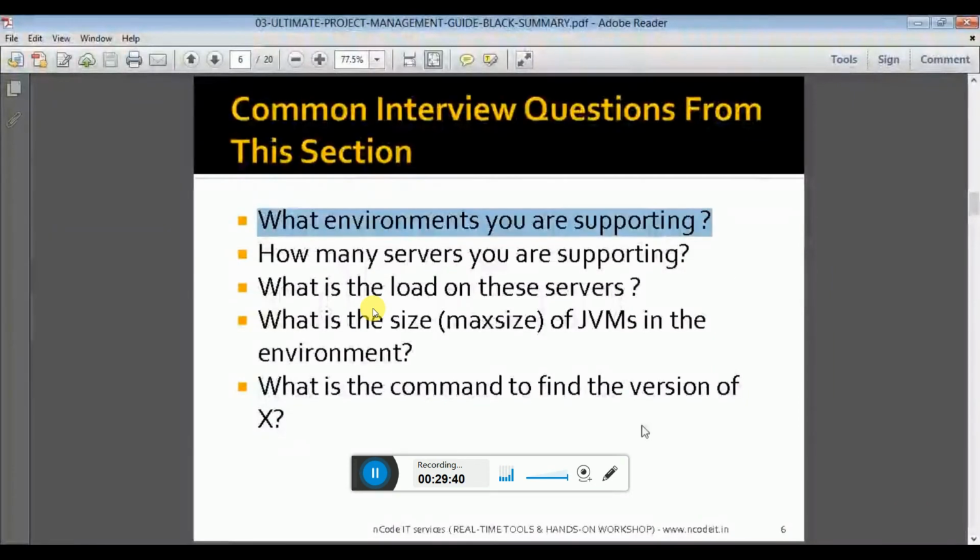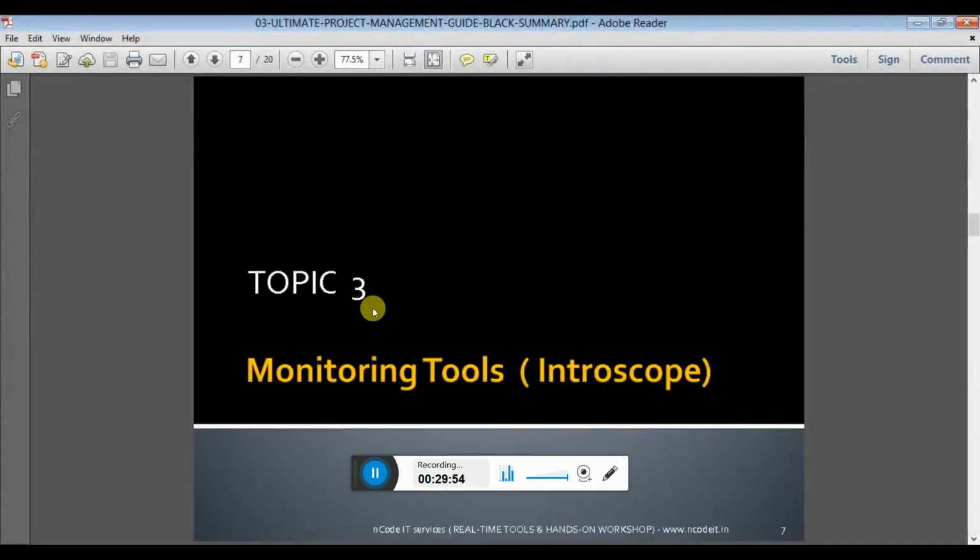The environments you are supporting are QA, UAT, LT, pre-prod, training. You have 2 sets of non-production, then you have production, and then you have a DR setup. These are the environments you are supporting. How many servers you are supporting?